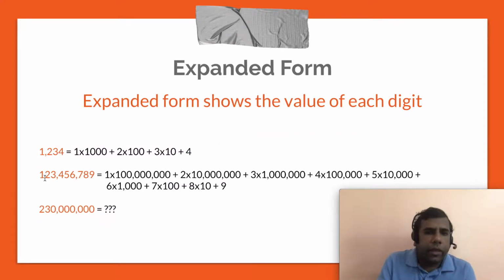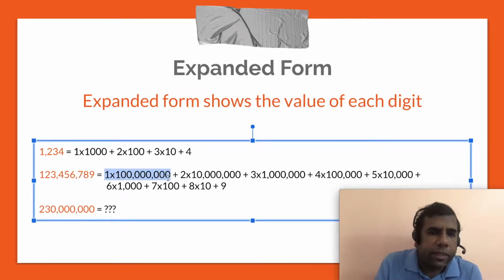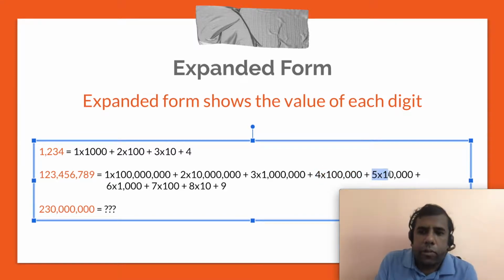This will simply be 1 multiplied by 100 million, since 1 is in the 100 millions place. 2 multiplied by 10 million, because 2 is in the 10 millions place. 3 multiplied by 1 million, because 3 is in the millions place. 4 multiplied by 100,000, because 4 is in the 100 thousands place. 5 multiplied by 10,000, because 5 is in the 10 thousands place. 6 multiplied by 1000, because 6 is in the thousands place. 7 multiplied by 100, 8 multiplied by 10, plus 9, right?